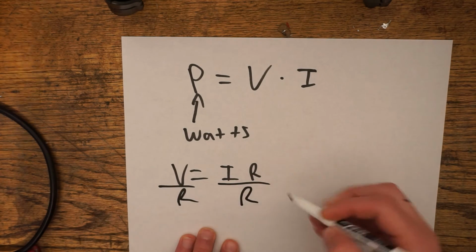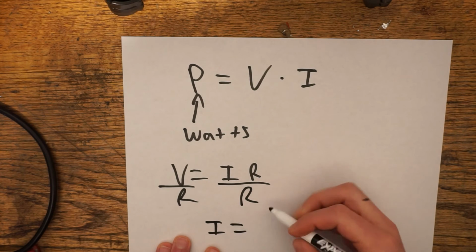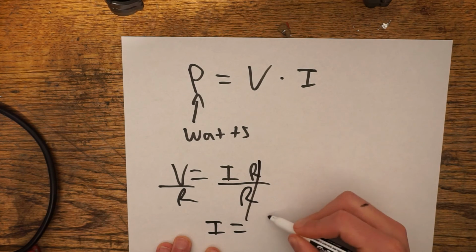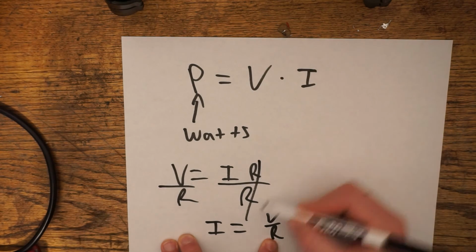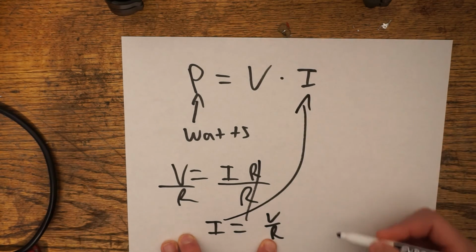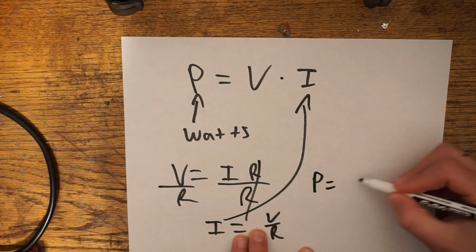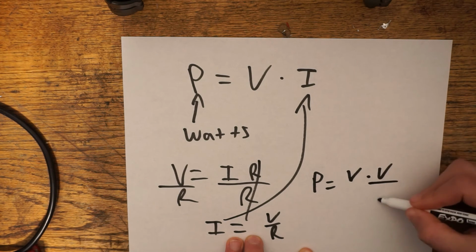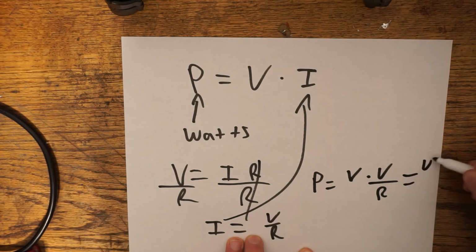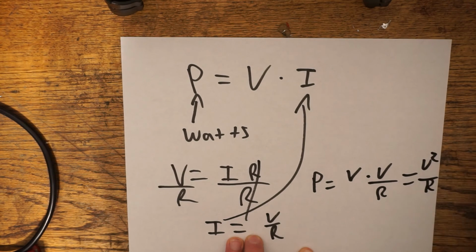I equals V over R. So now I know that I is equal to V over R, and I could take this I and plug it in up here. So P equals V times V over R, or equals V squared over R.